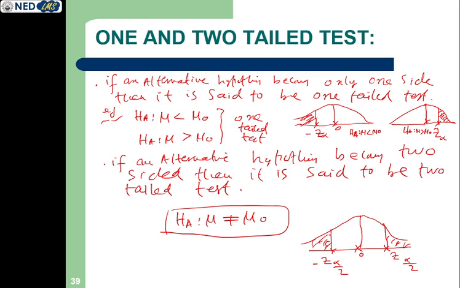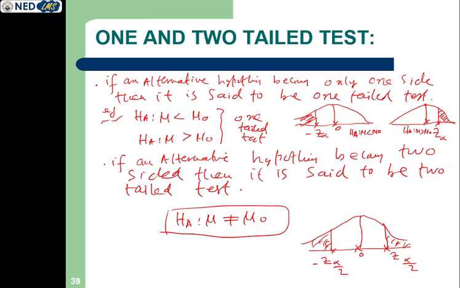Now draw the perpendicular on the left side as well as on the right side, because we cannot be sure whether mu is greater than mu naught or less than mu naught. So we are going to check both tails, less than as well as greater than.